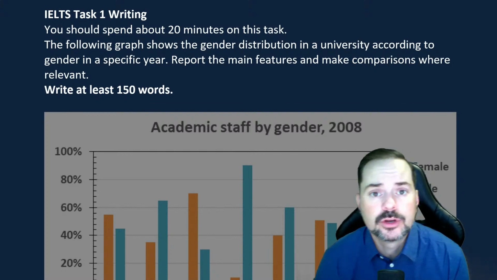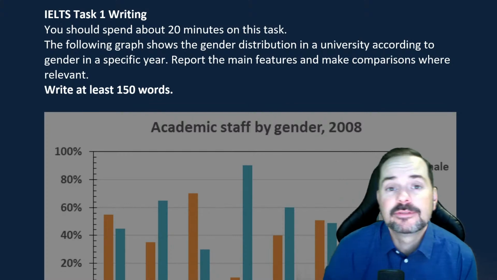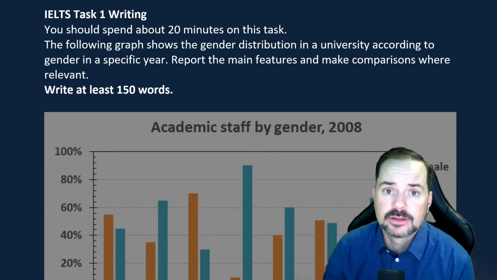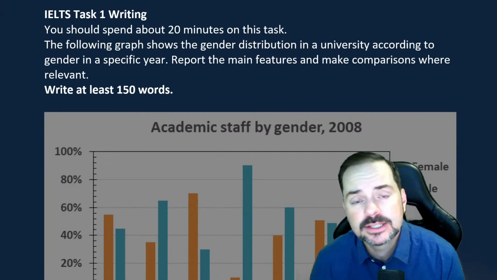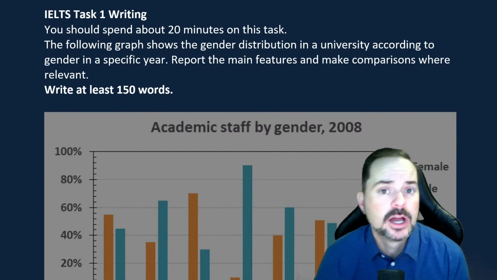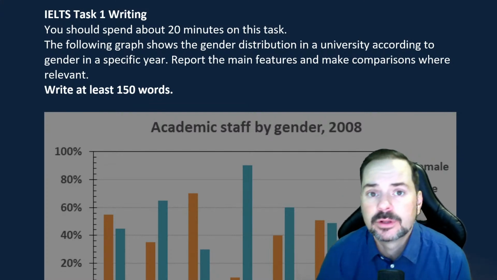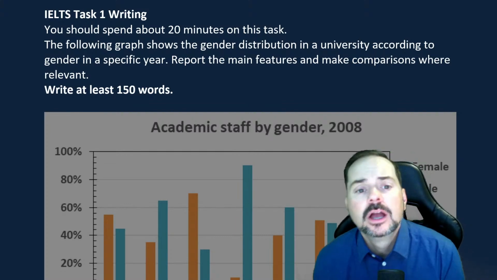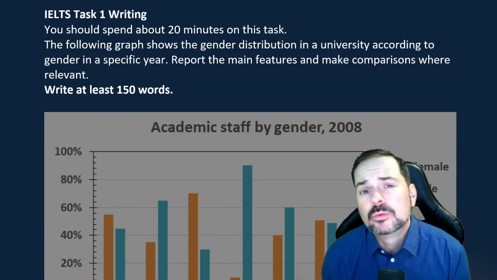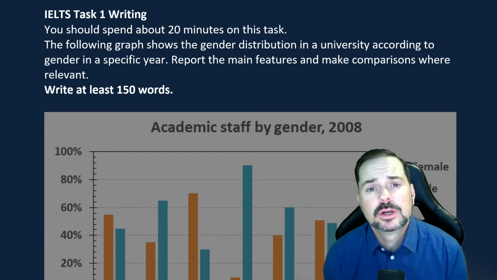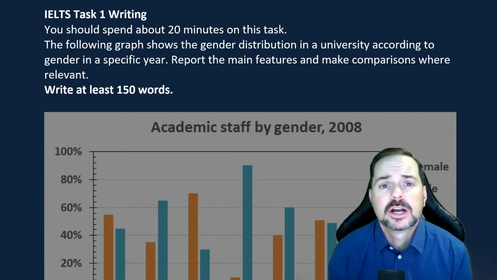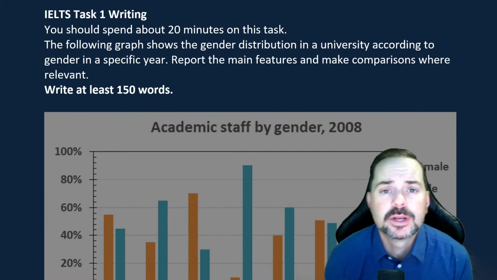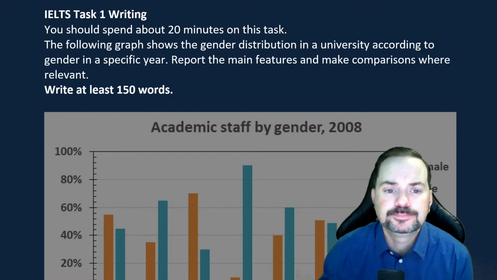Because whether you're looking at a line graph, a pie chart, a bar chart, it's different kinds of writing. So learning templates in online classes or in real classes for your IELTS and physical classes, templates don't get high marks on task 1 because they don't work, because different kinds of task 1 questions require different kinds of answers. So you have to have the right strategy and the right thinking here.